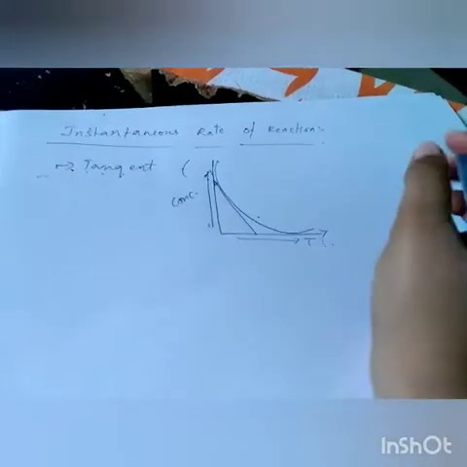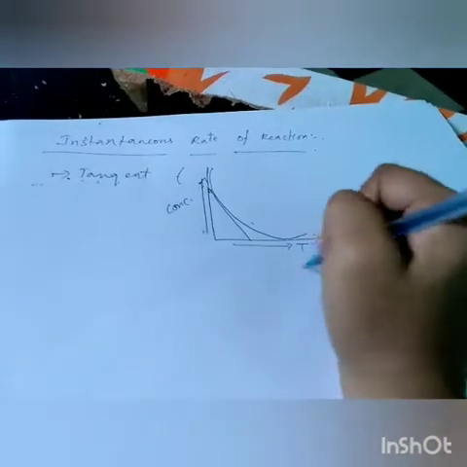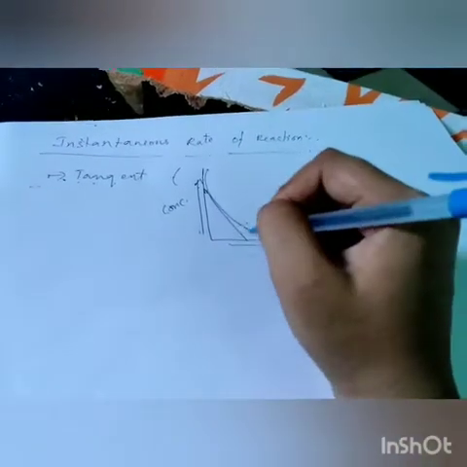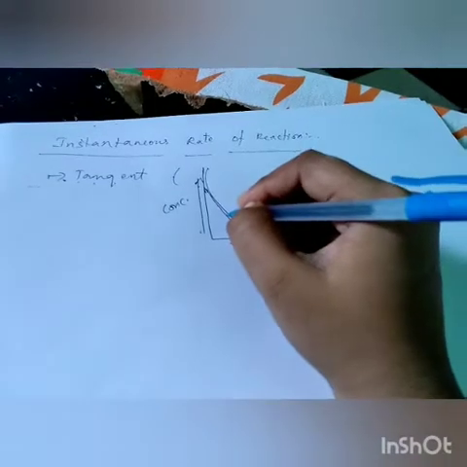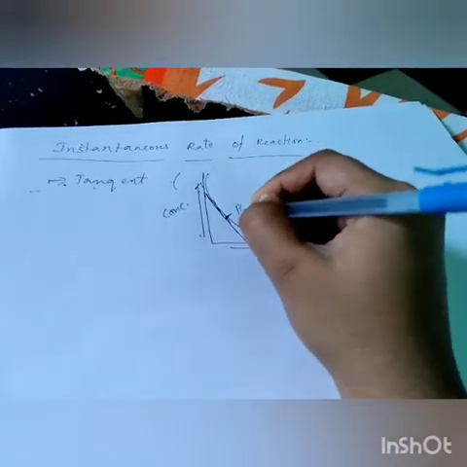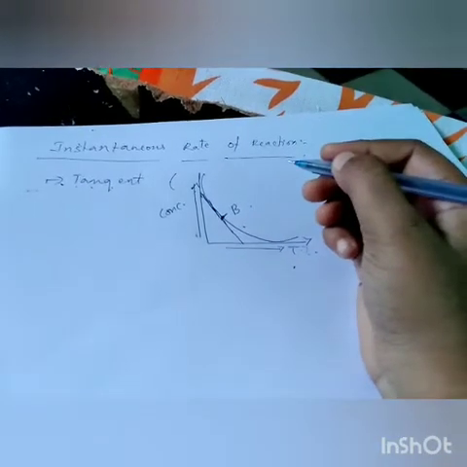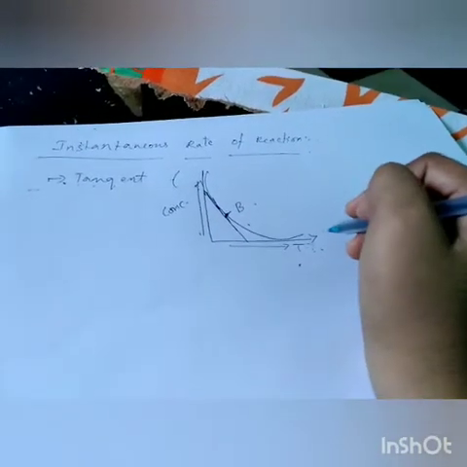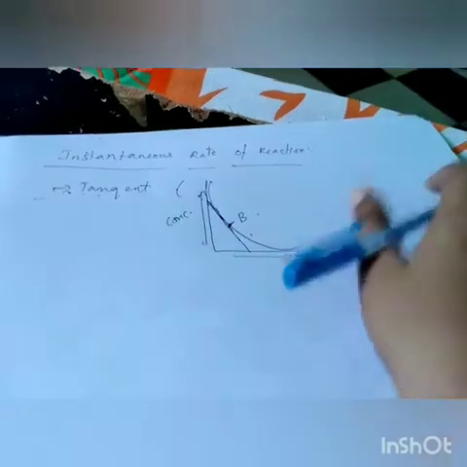So the instantaneous rate at any time is determined by the tangent at a point on the time concentration curve corresponding to the specified time.